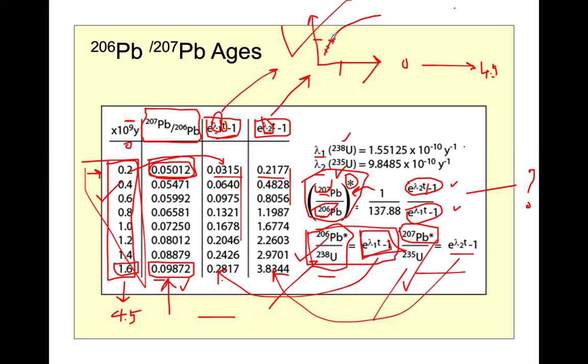So you mark the time there, because for the x and y axes we take these two ratios, and the corresponding t value you mark on the graph. Because this is universal, its position won't change.